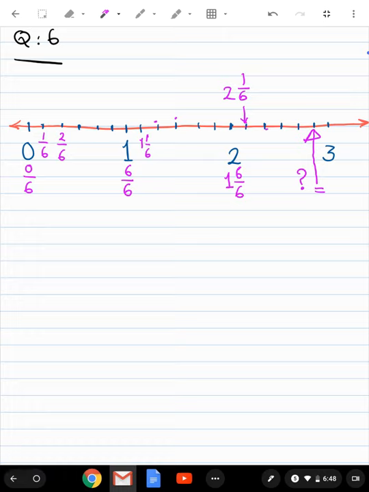Here will be 2 and 2 out of 6. Here 2 and 3 out of 6. Here 2 and 4 out of 6. So the place of the arrow here will represent 2 and 5 out of 6. This is how we represent the mixed number on the number line.